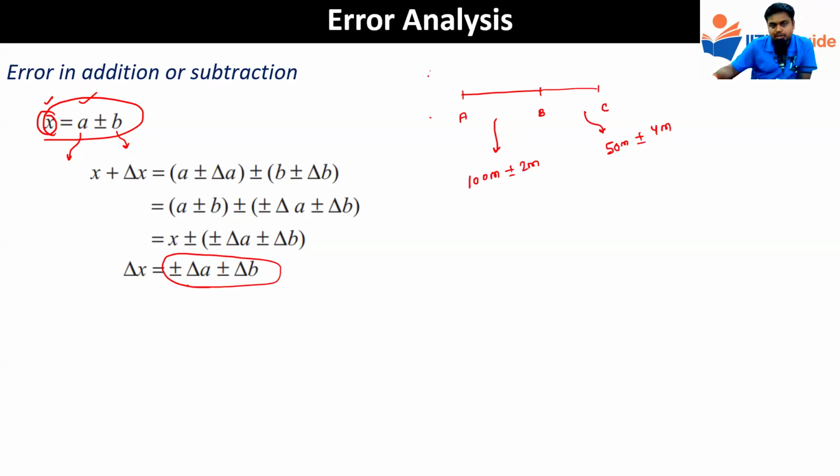Then the total distance d will be 100 plus 50, which is 150, plus minus the errors, which also get added, 2 plus 4, which is 6 meters.